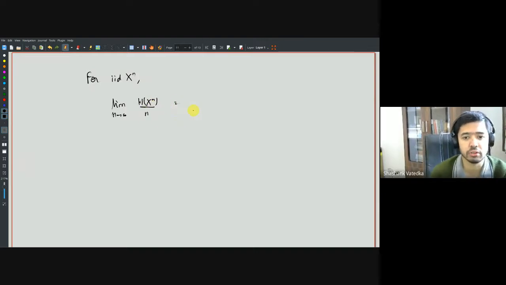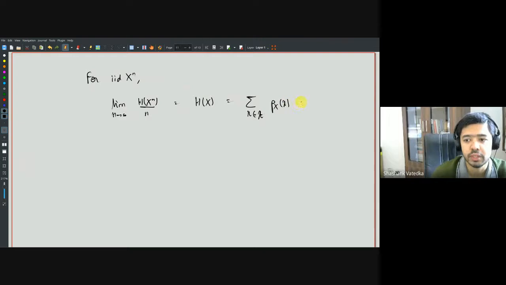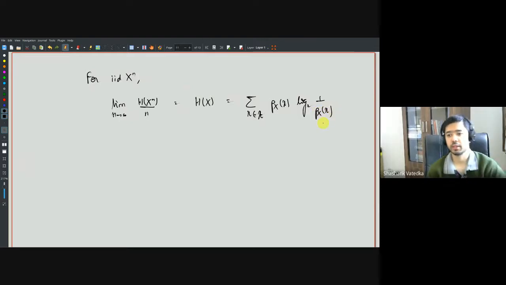So this depends only on the marginal and is equal to H of X, which is not an n letter term, it is just the sum of P_X of x log 1 over P_X of x. Okay, so this is the fundamental connection between entropy, which is this term over here, with the problem of data compression.